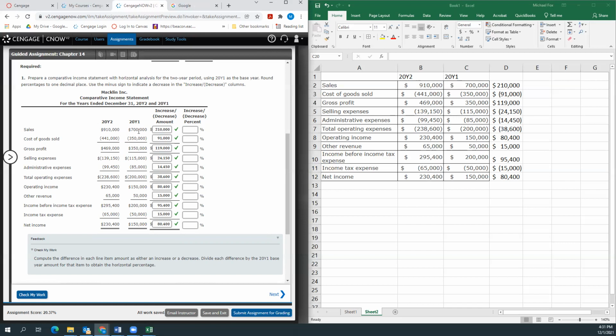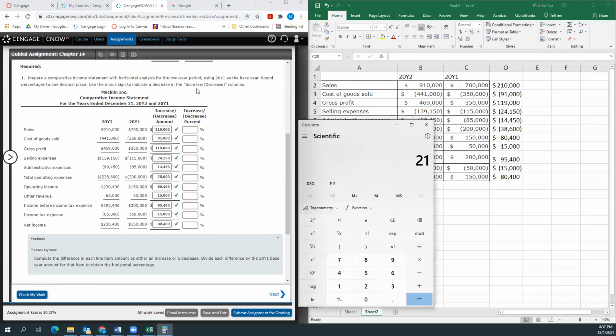So we're saying it went up to 910,000 and increased by 210,000. If we were using a calculator, we could calculate that just by taking the amount of the increase and dividing it by the older amount, the 2001 amount. And that's 0.3, which is 30%.